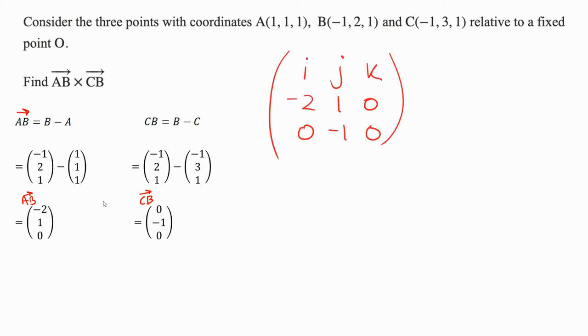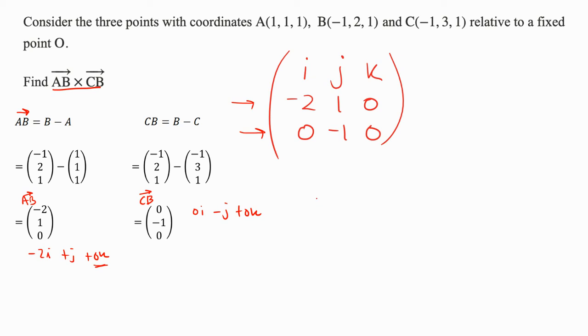So to find the actual vector product, write down i, j, k, and turn these into unit vectors: -2i plus j plus 0k, and then 0i minus j plus 0k, and I've written those out like this.